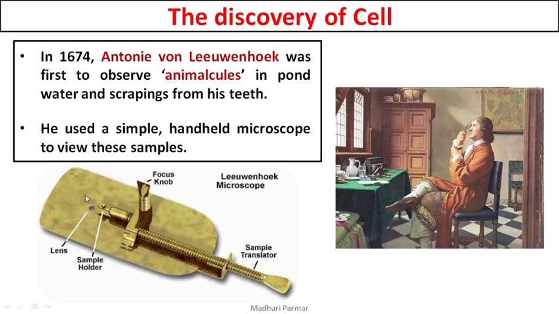Okay, whenever you study physics. So there was a lens here, a sample holder. Sample holder is where you place your sample. In this case, his sample was pond water or scraping from teeth, or even he used to look at sperms, okay, from different animals. So all of those samples were kept here.